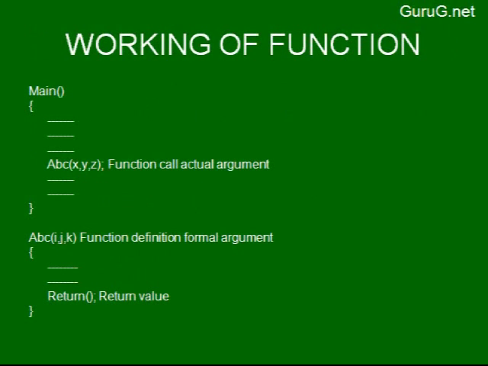Now we will see how the function works. Here you can just see I have a predefined function main, and inside I have called one function named ABC, and that has three parameters x, y, z, and these are all called actual arguments.